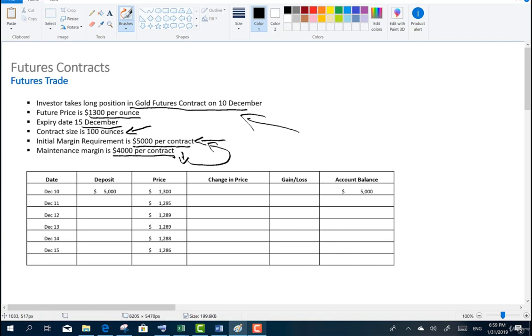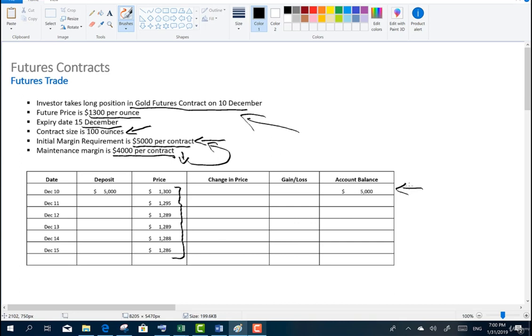Now, in this table, they have provided the daily price movement of this gold futures contract. Here we will calculate the daily gain and loss to see how the exchange marks to market any account. As the initial margin is 5,000 per contract, the investor taking exposure on 10 December needs to deposit this 5,000.